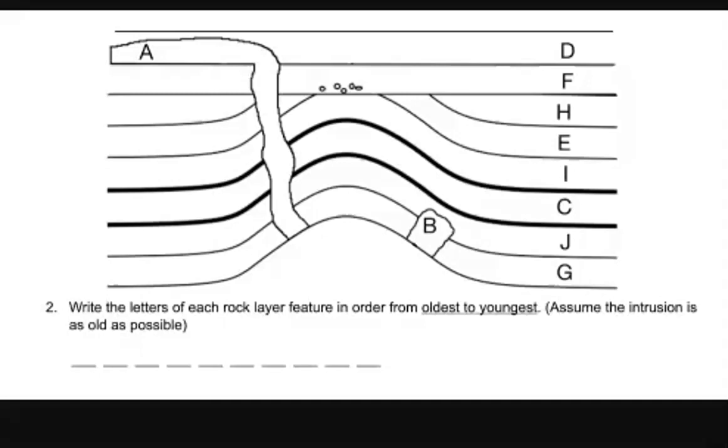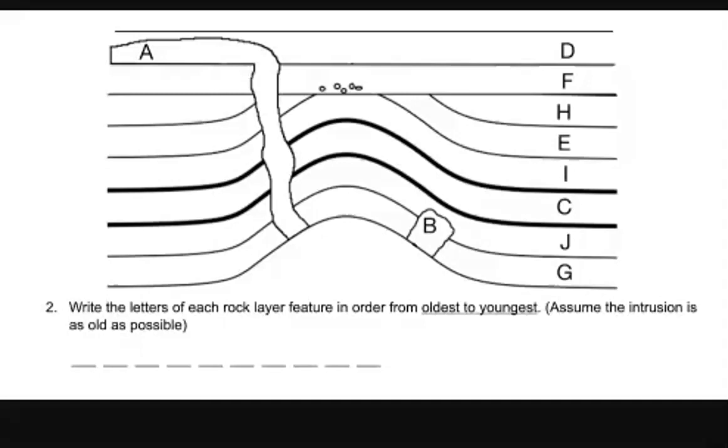There's one more exception to the rule here. Armand, do you know what I'm talking about? What's the one thing that we need to talk about? The unconformity. Can you tell me what an unconformity is, or maybe where it is in this picture?